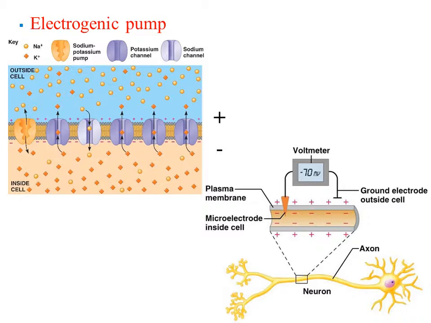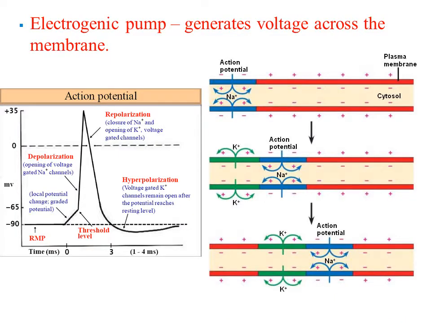Remember, because sodium is being pumped out at such a high rate, the outside of the membrane is going to be positively charged versus the inner portion of the membrane is going to be negatively charged. The electrogenic pump generates voltage across the membrane.